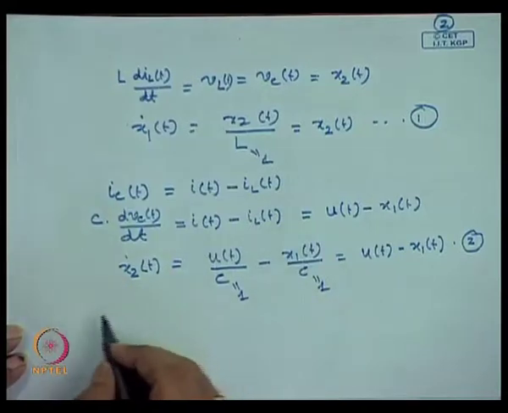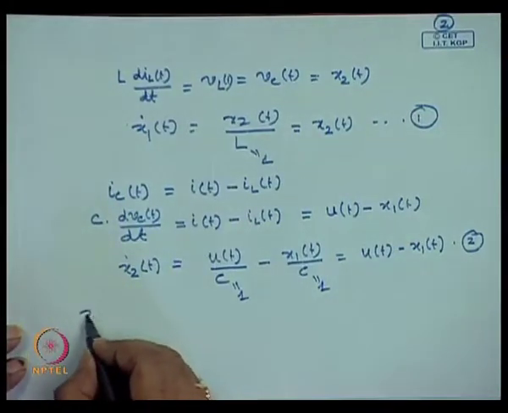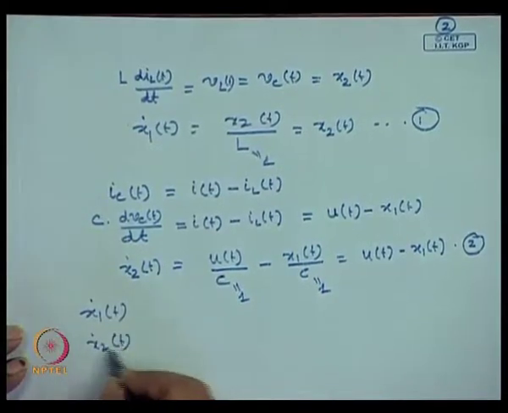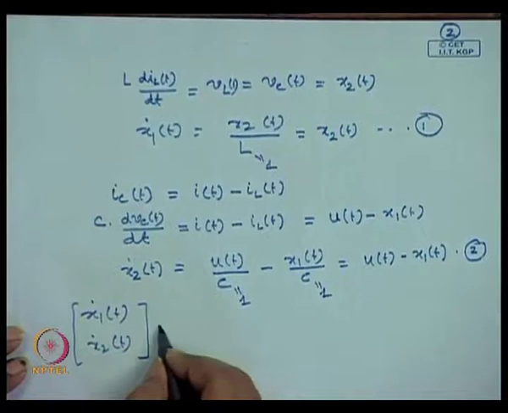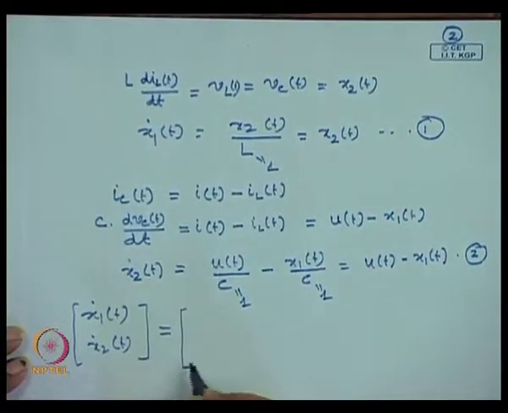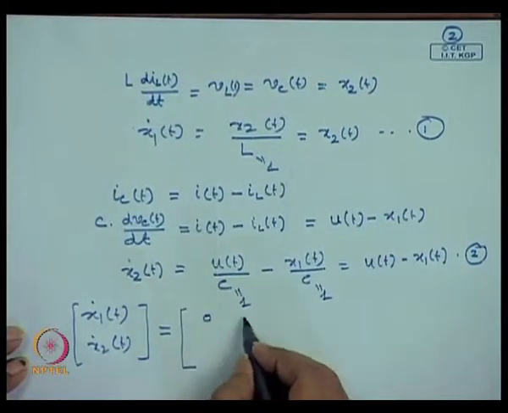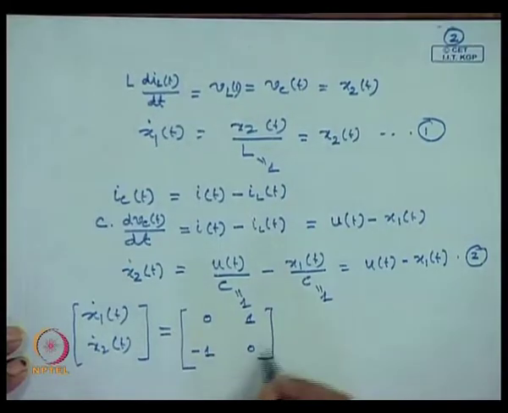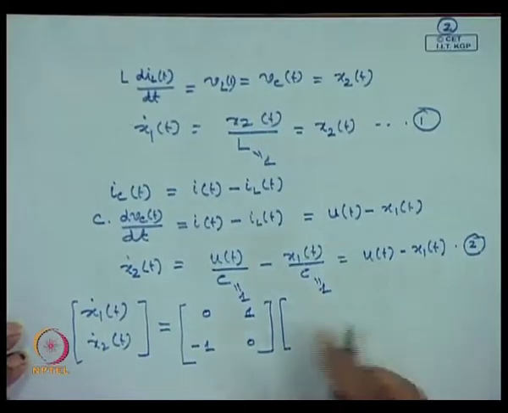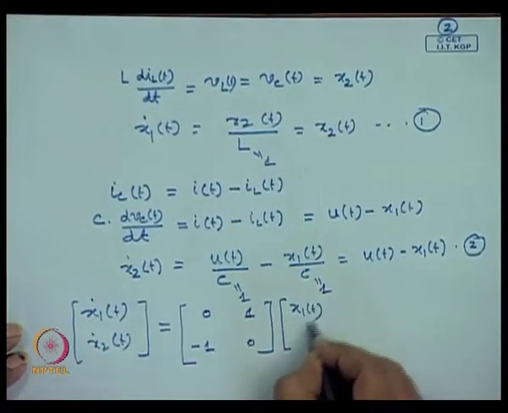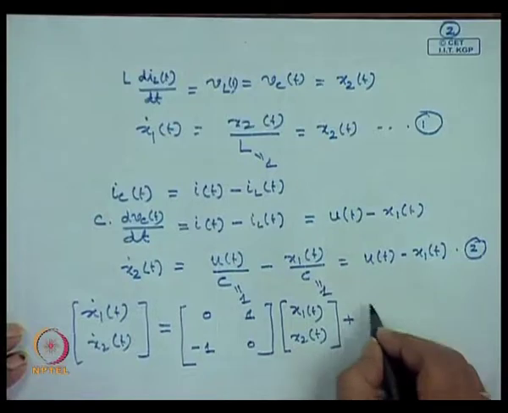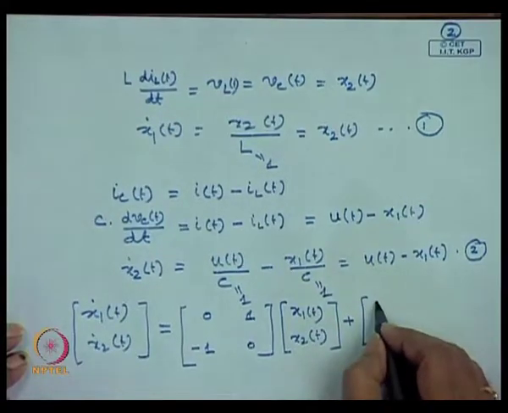So, combining equation number 1 and 2, I can write x1 dot of t, x2 dot of t is equal to the matrix 0, 1, minus 1, 0, times x1 of t, x2 of t, plus 1, 0.